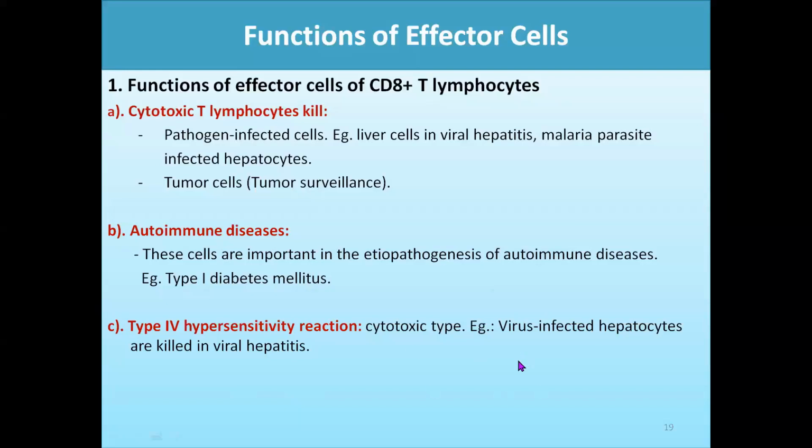One example of this reaction is virus-infected hepatocytes are killed by cytotoxic T lymphocytes in viral hepatitis. These cells also play a role in the pathogenesis of graft versus host disease and transplant rejection.